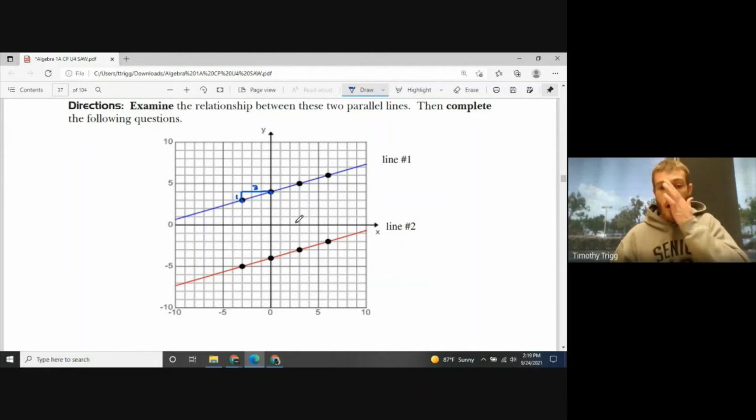I always go from the left point to the right point. That helps me make fewer mistakes. So that's the rise over run. Our slope for line M is 1 over 3.